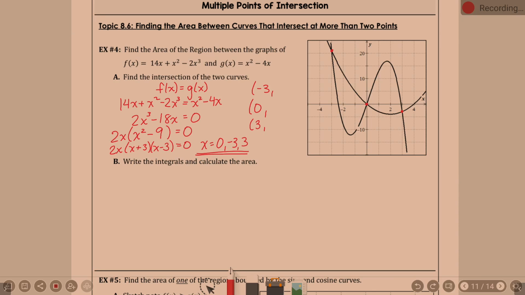First one, 0, 0. I agree with the 0, 0. That's an easy one. 3.